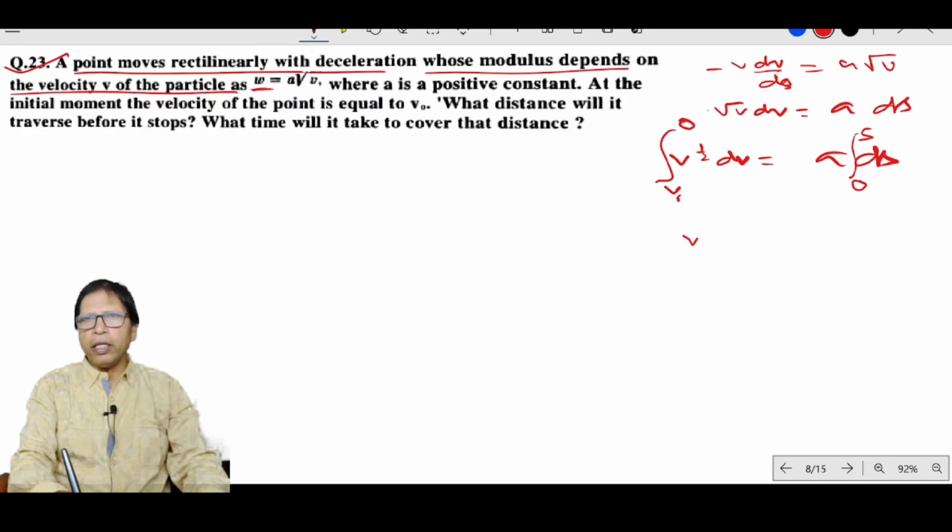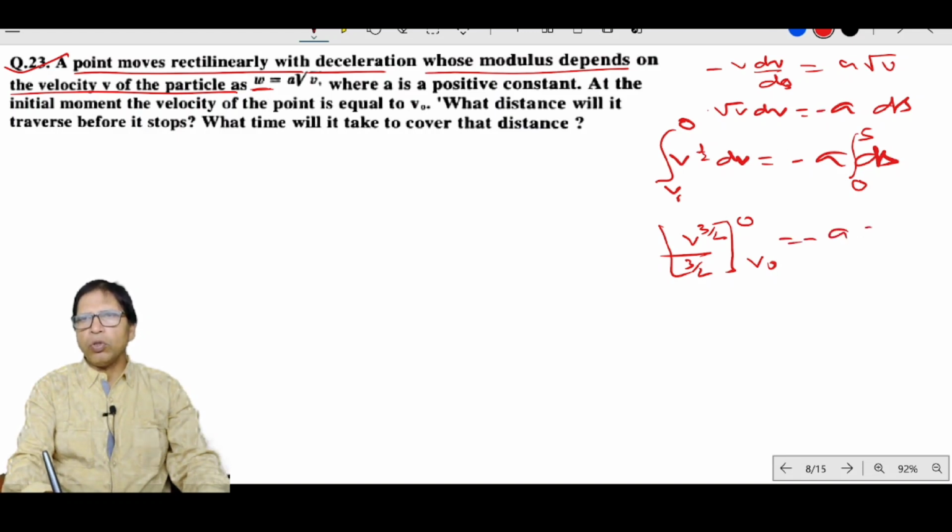So v to the power 3 by 2 divided by 3 by 2, between the limits v naught and 0, there is a negative sign, equals a into s, between s0 and s. Therefore, look at this here, negative sign of v naught to the power 3 by 2 into 2 by 3.